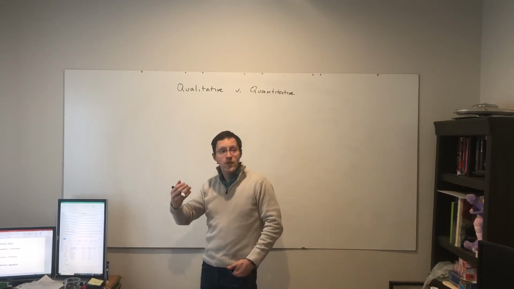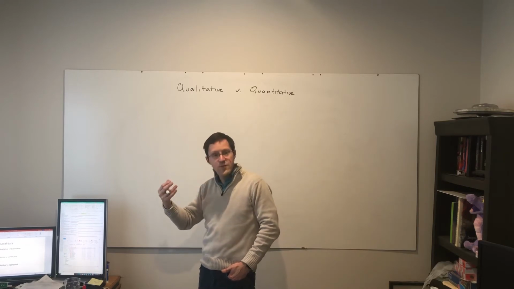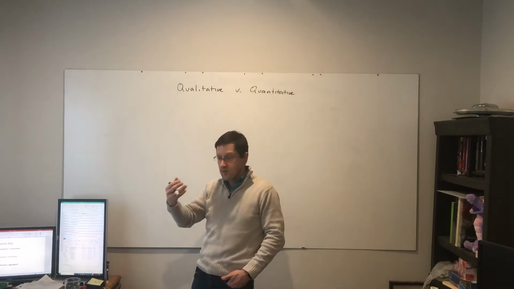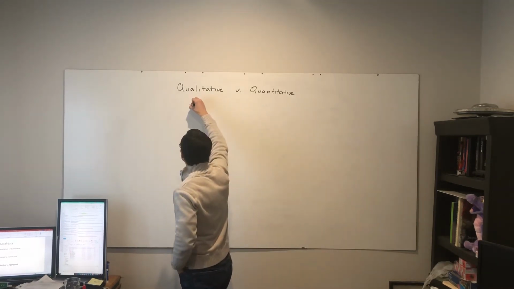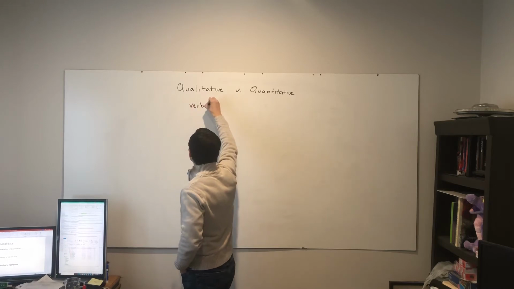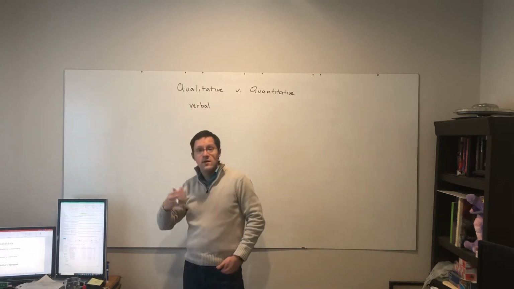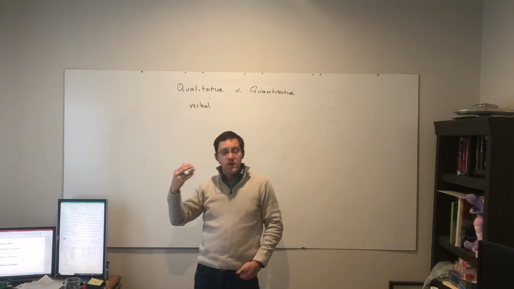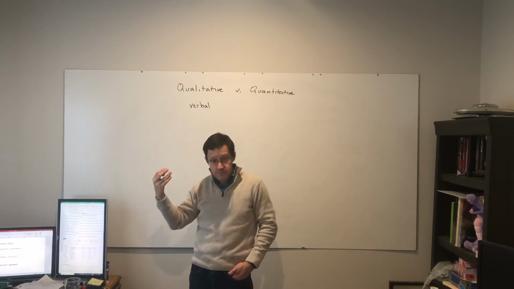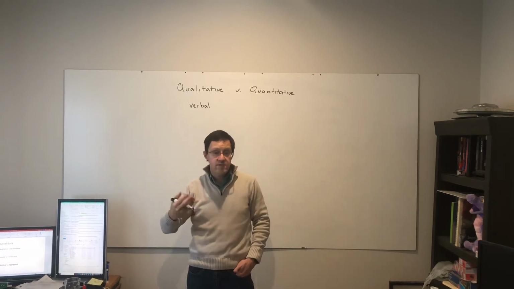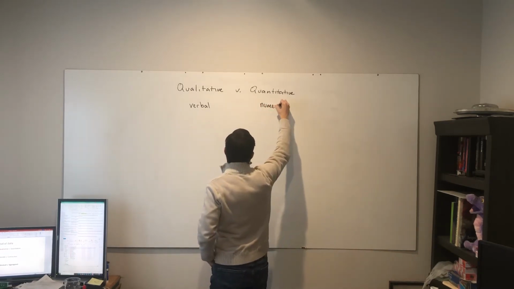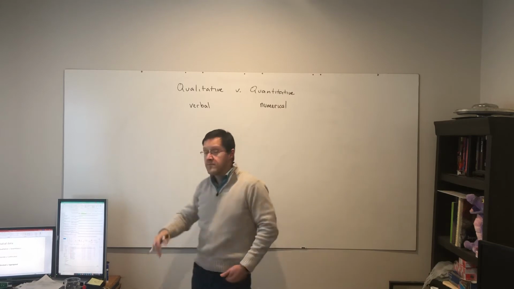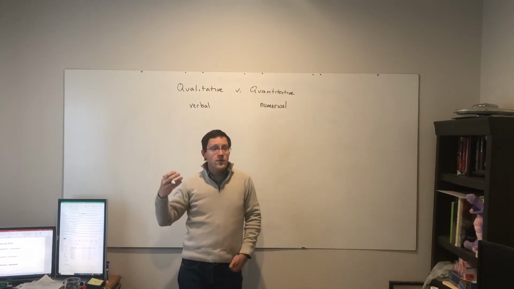So that attribute would then be represented, typically, it doesn't have to be, but it would typically be some kind of verbal description. Whereas quantitative data, being quantities, is working typically with numerical data.